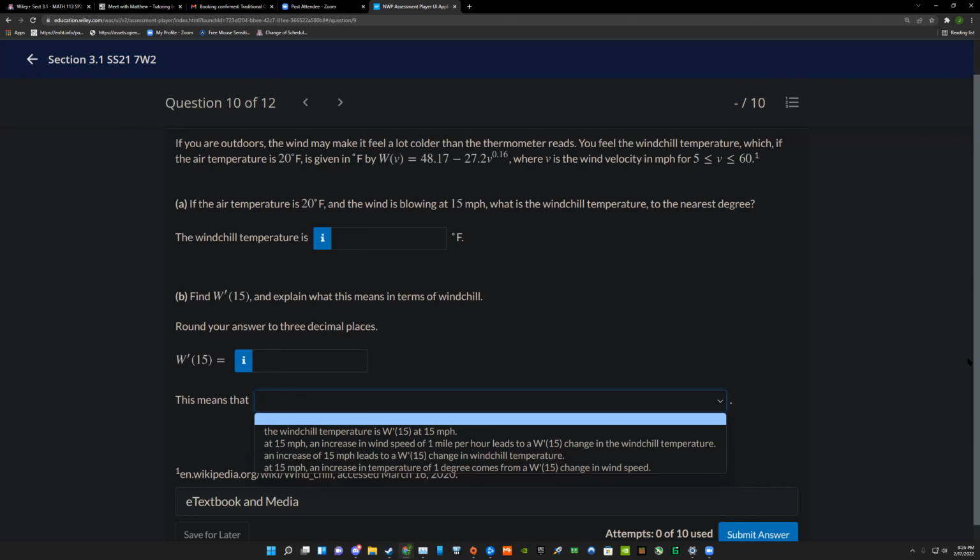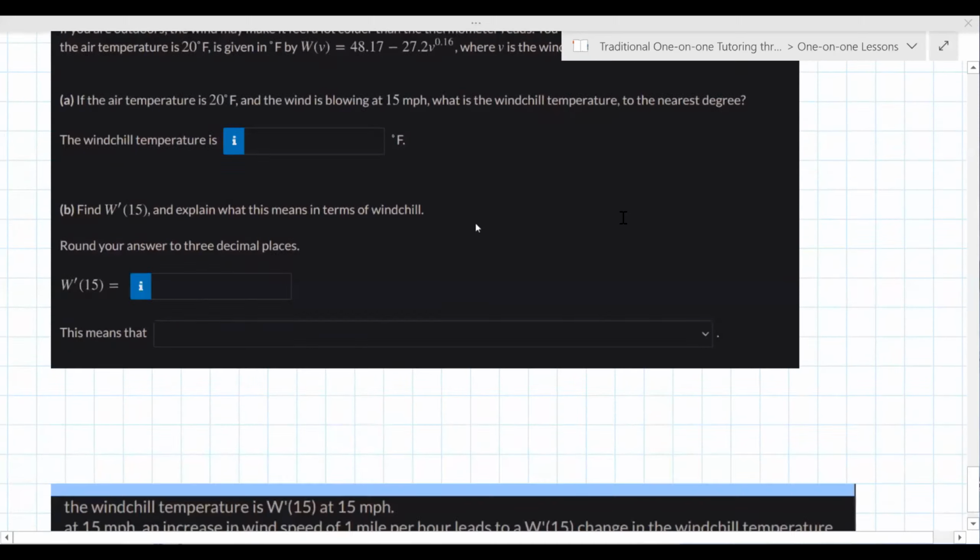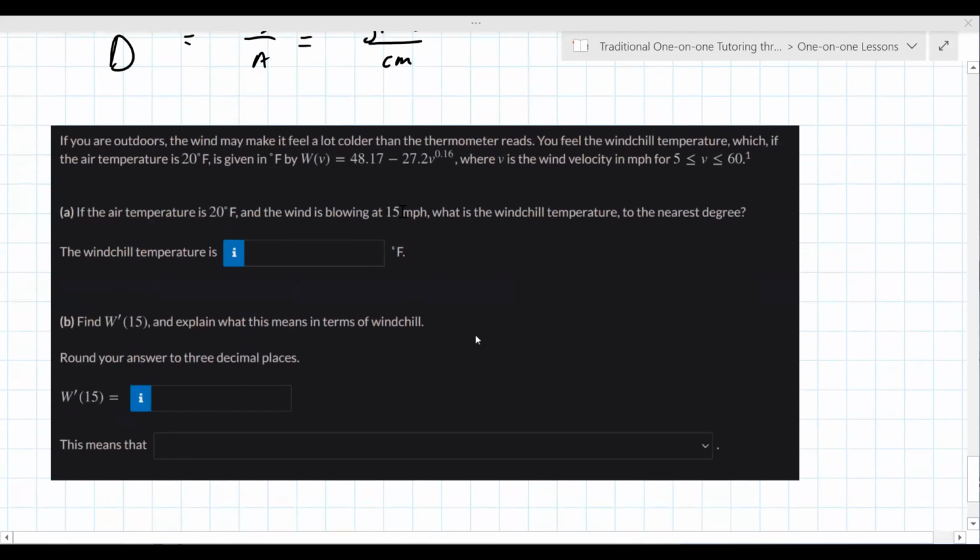All right, so let me share my screen and we'll work through this together. You might get a word problem on an exam. They don't always emphasize that as much here. If the air temperature is 20 degrees and the wind is blowing at 15, what is the wind chill?